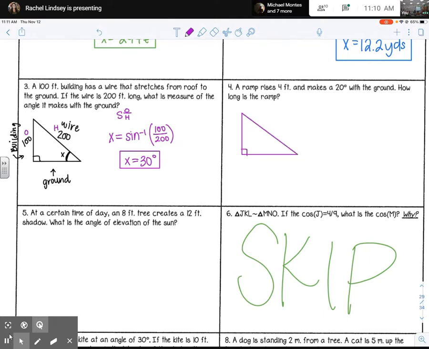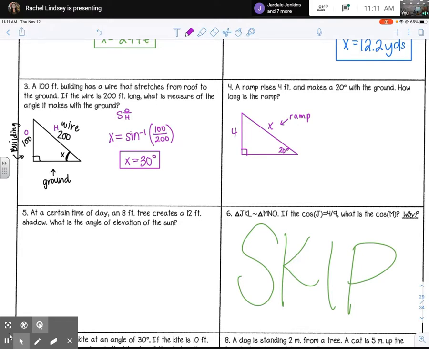Okay, so a ramp rises 4 feet and makes a 20-degree angle with the ground. So that's my ramp right there. It's 4 feet in the air, 20-degree angle with the ground. How long is the ramp? If you're trying to find the length of the ramp, you're trying to find that hypotenuse.